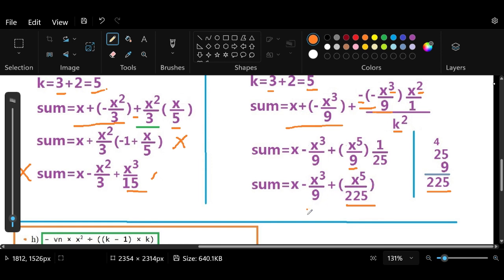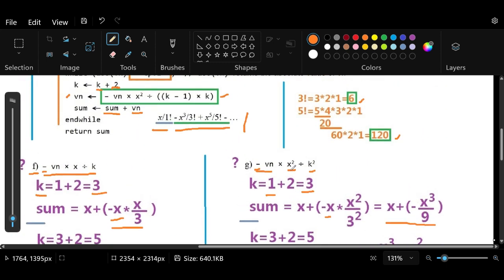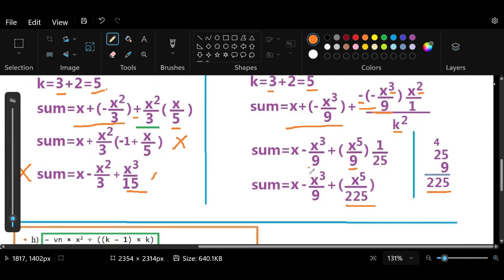But again, the answer is not quite what we are going for, because the output again should be 3 with the one at the bottom. The denominator would be 3 factorial and then 5 factorial, right? I think we can get that x cubed and x to the fifth in this case.